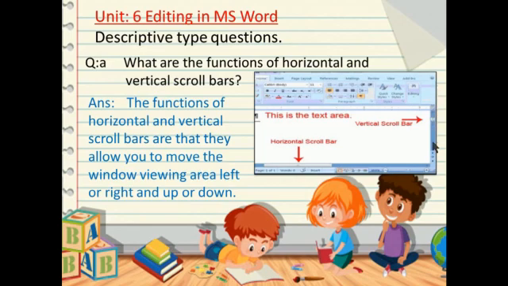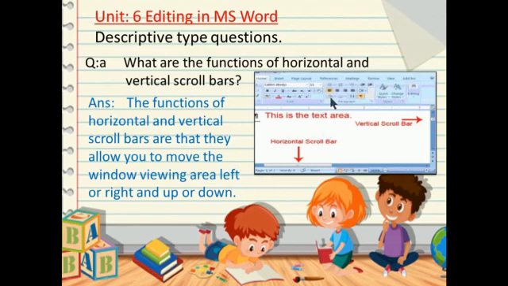If you want to move to the bottom side of your paper, just click that scroll bar and drag it downward. Similarly, with this horizontal scroll bar, you can click it and move to the right side if you want to go to the right side of your page, and click and drag to the left side if you want to move to the left side of your page.